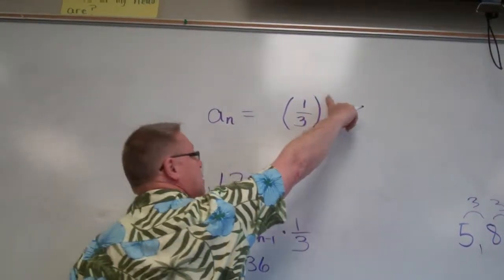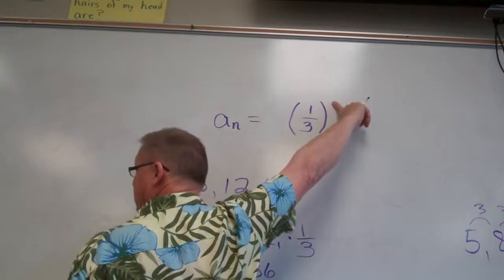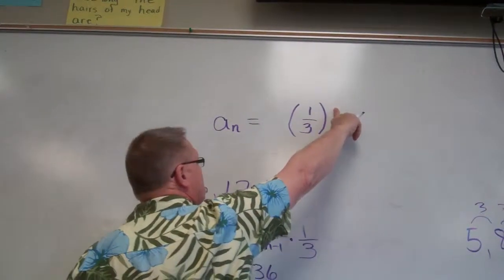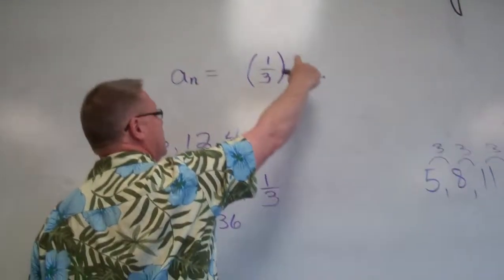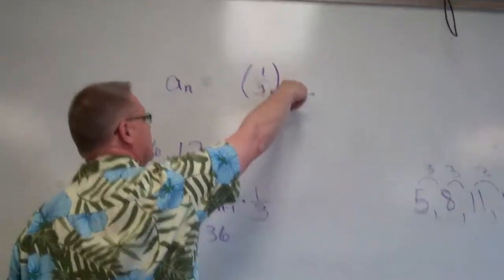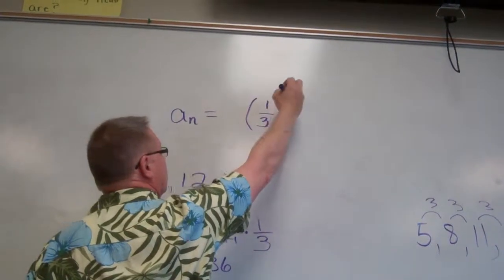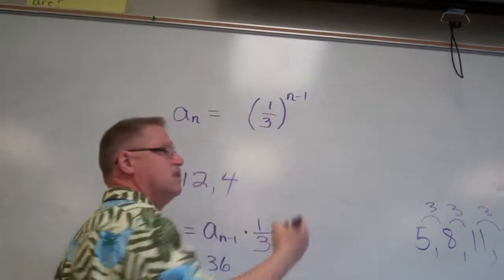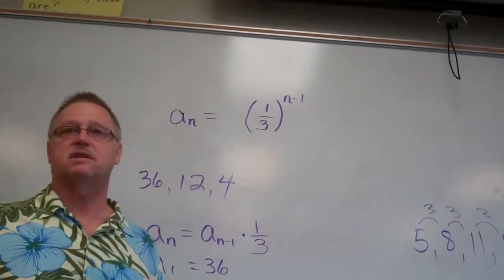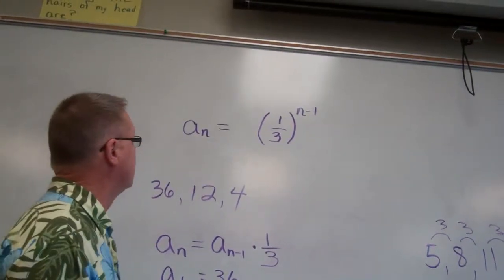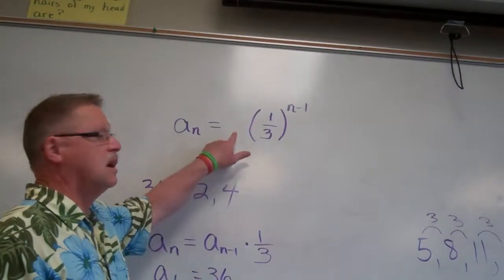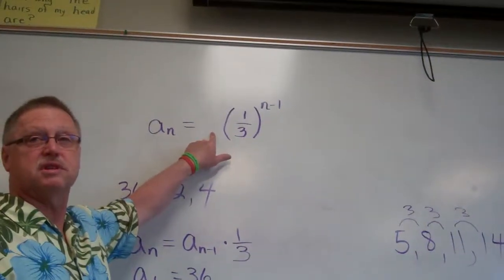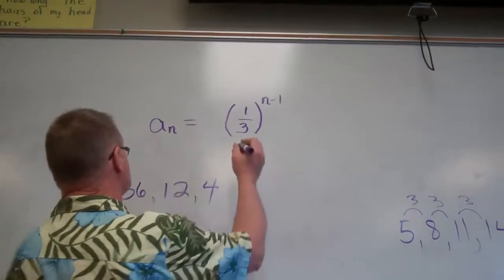And then up here we have to put how many times it goes times 1/3. So if it goes times 1/3 twice, we would put a 2 there. So this is going to be n minus 1, because you don't do it to the first one, you see. Right here I have to put my starting number. What does it start at? 36.